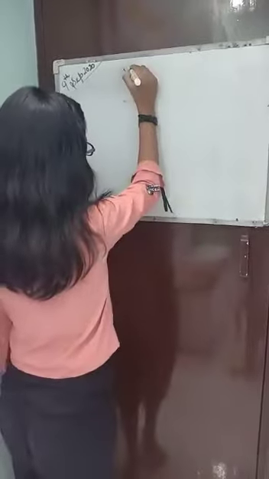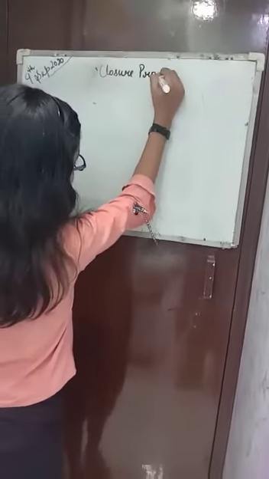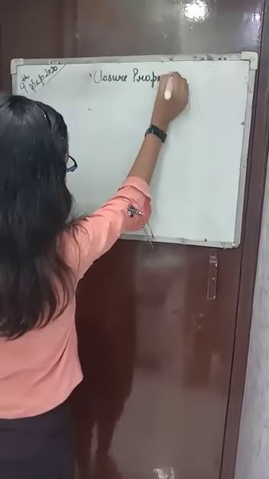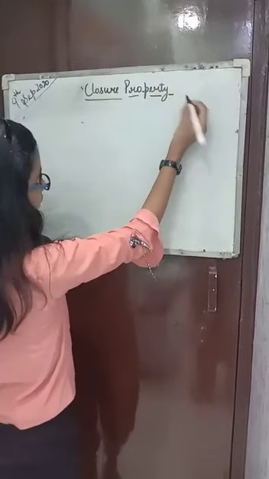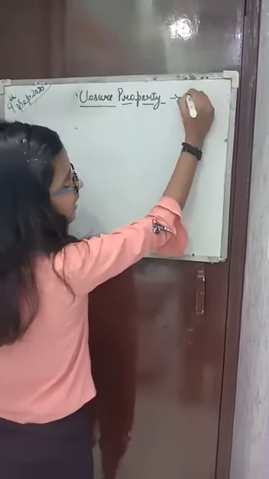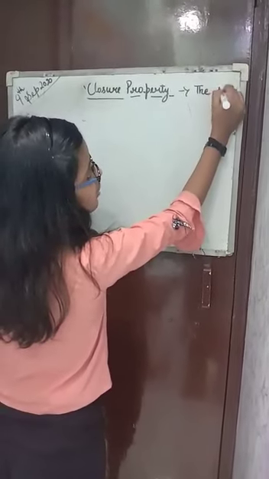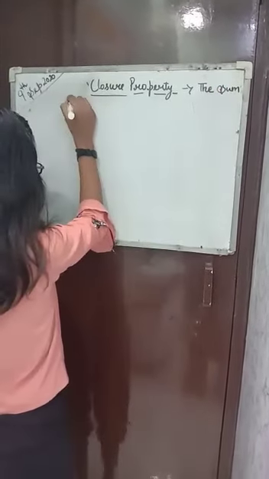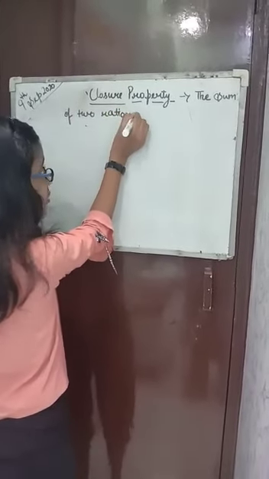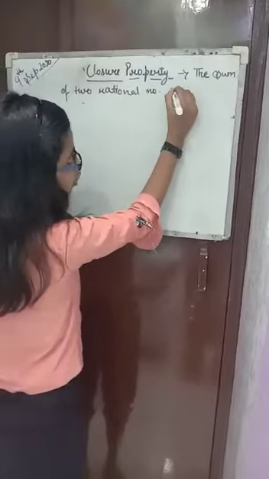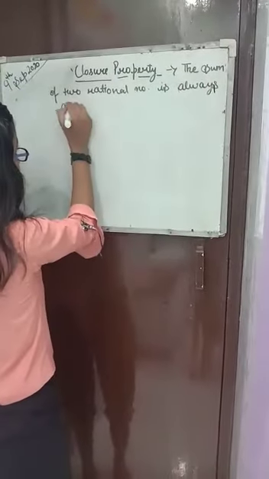So the first one was closure property. The closure property says that the sum of two rational numbers is always a rational number.